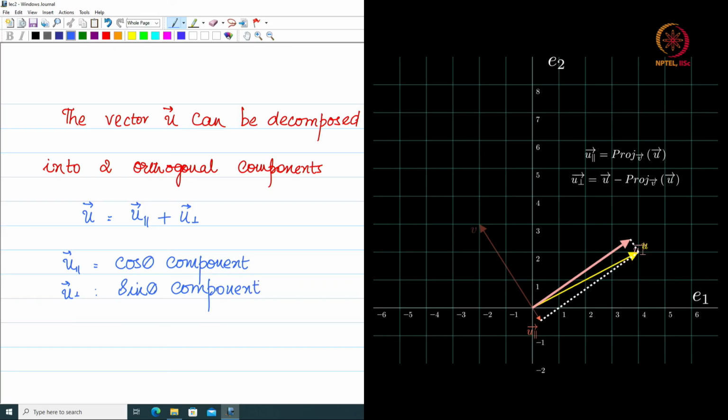So, you can resolve a vector into two of these components.